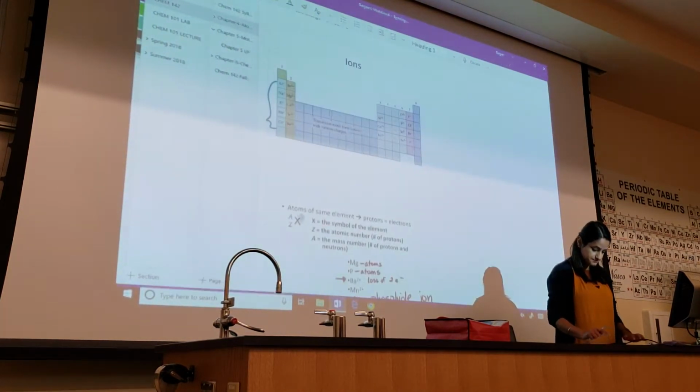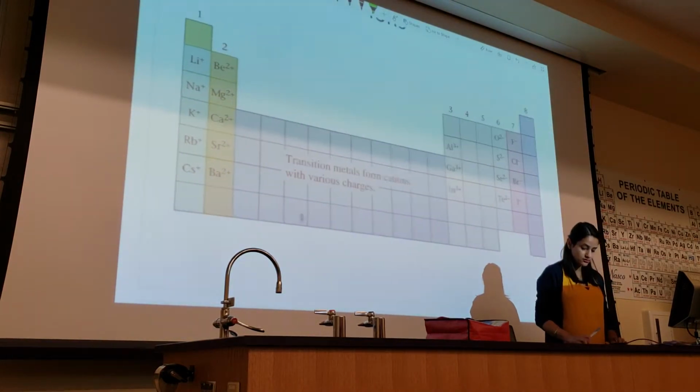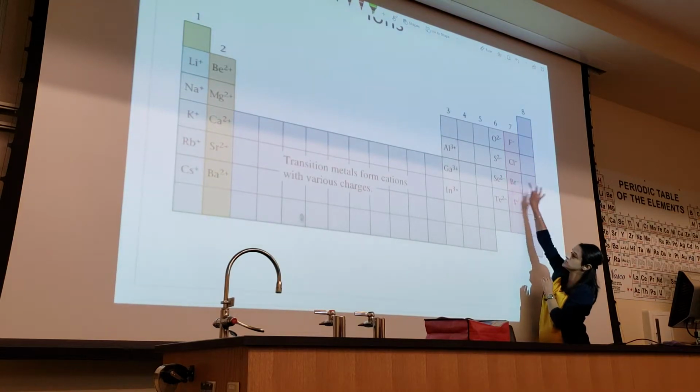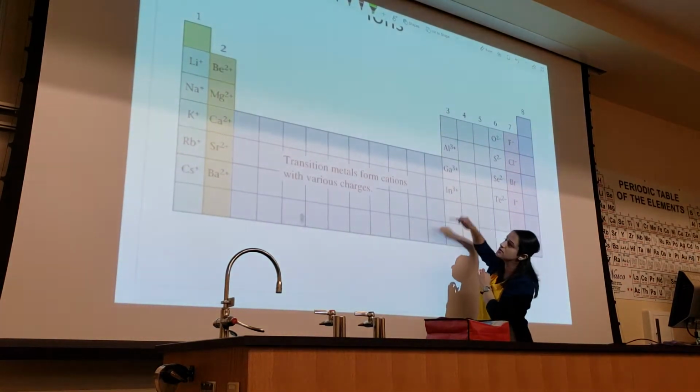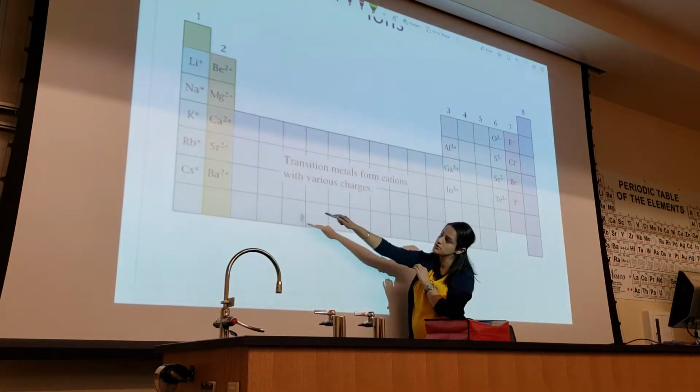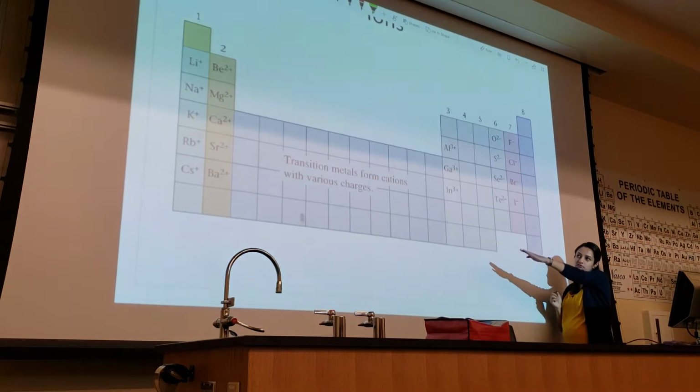If you look at this, looking at only the metals, these are the non-metals, I'm not going to look at this. But these here, and group 1 and group 2, these metals always like to form whatever the charge is indicated here.